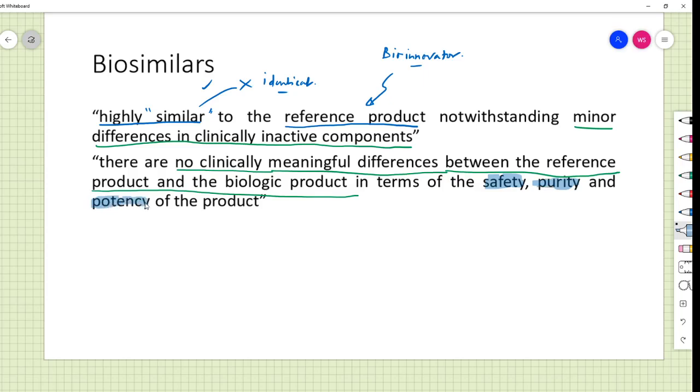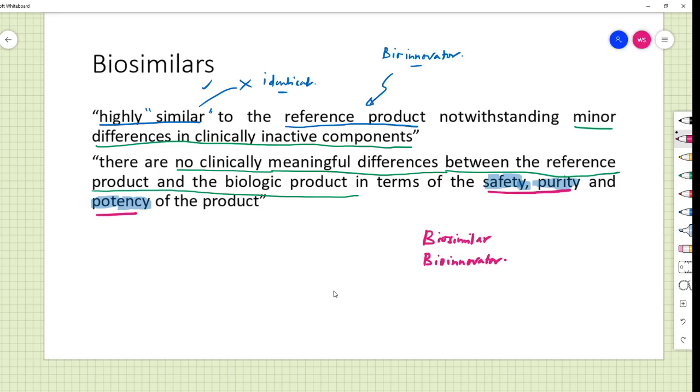So there is no difference between a biosimilar product and a bio-innovator, or the trade name product, in terms of safety, purity and potency.